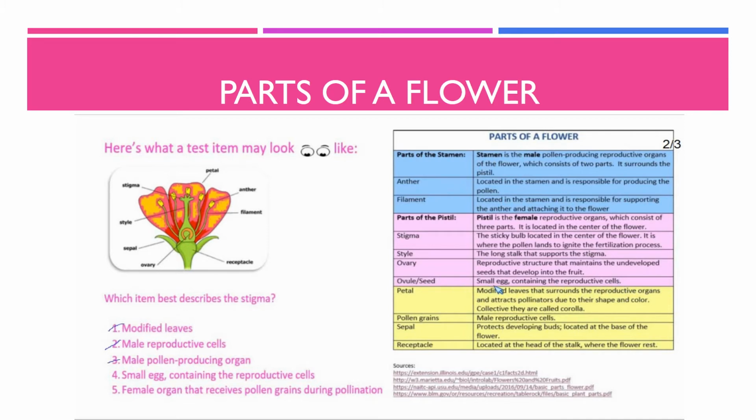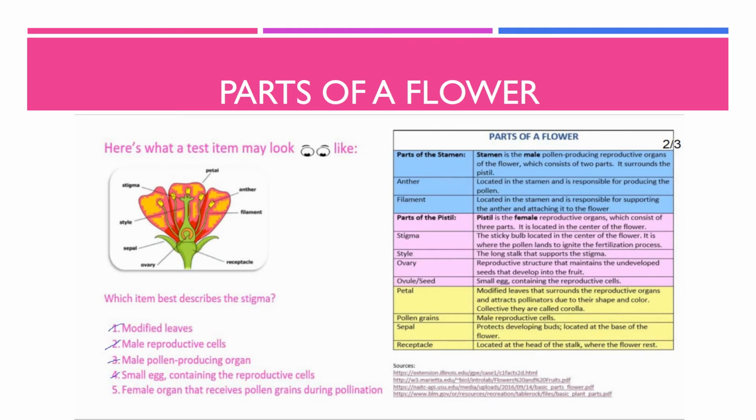So your ovals contain your cells that develop into seeds. And so if you look here at the diagram, you see that it's located in this area here. Right here. So now in terms of option number 4, we can eliminate option number 4 because it does not apply in terms of answering our question.